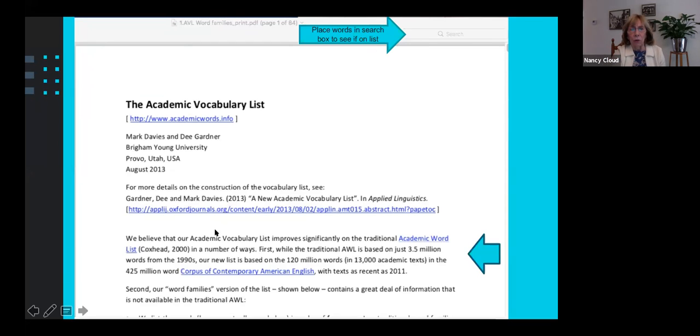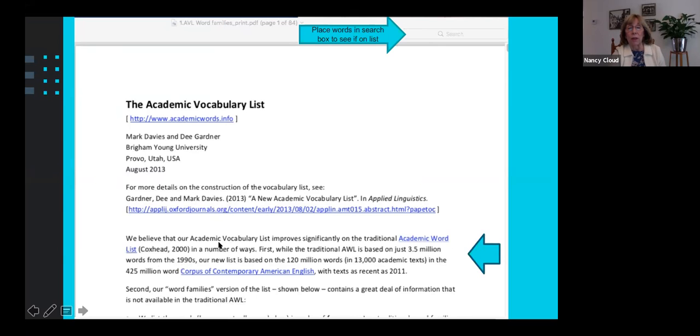But now I do want to show you this, which I didn't show you last time. The academic vocabulary list improves on the academic word list. That's the one that was used for Word Gen. The Word Gen list, the academic word list, was created in 2000, and it's based on 3.5 million words, which sounds like a lot, but all of the words came from the 1990s.